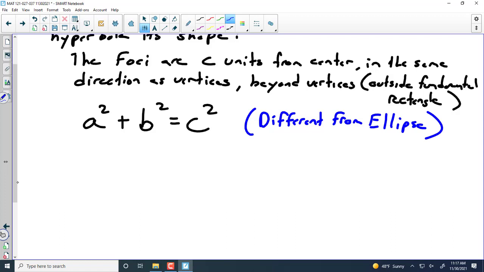And you use this equation to find that C value. A squared plus B squared equals C squared. It's different from the ellipse. This is what you might have thought I meant to write when I wrote the one for the ellipse. This is how you find it.